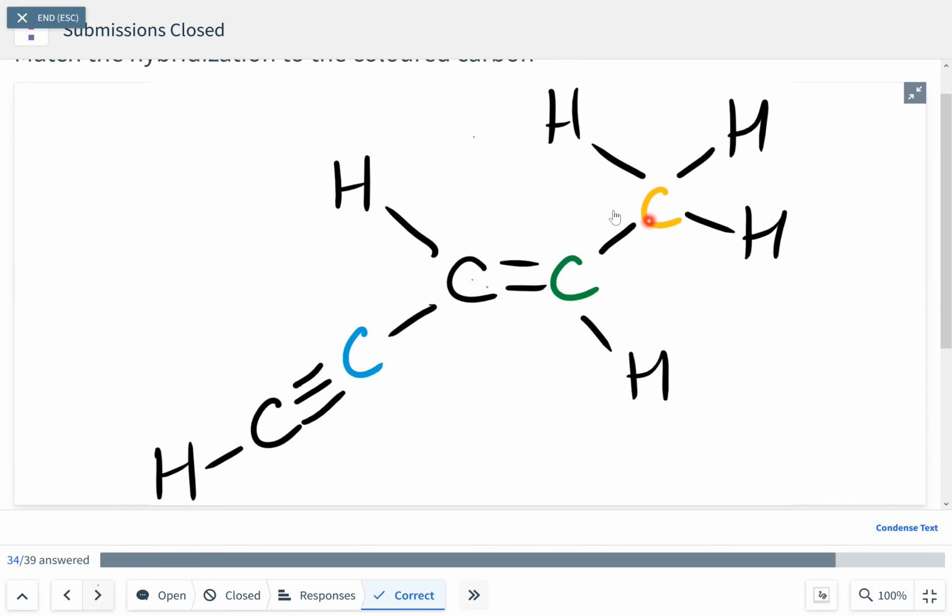And then last but not least, this carbon here has got 1, 2, 3, 4 sigma bonds. So to have 4 sigma bonds, you need sp3 hybridized orbitals, because there's 4 of them, and you've got 4 sigma bonds. So hence this will be sp3. Good, excellent.